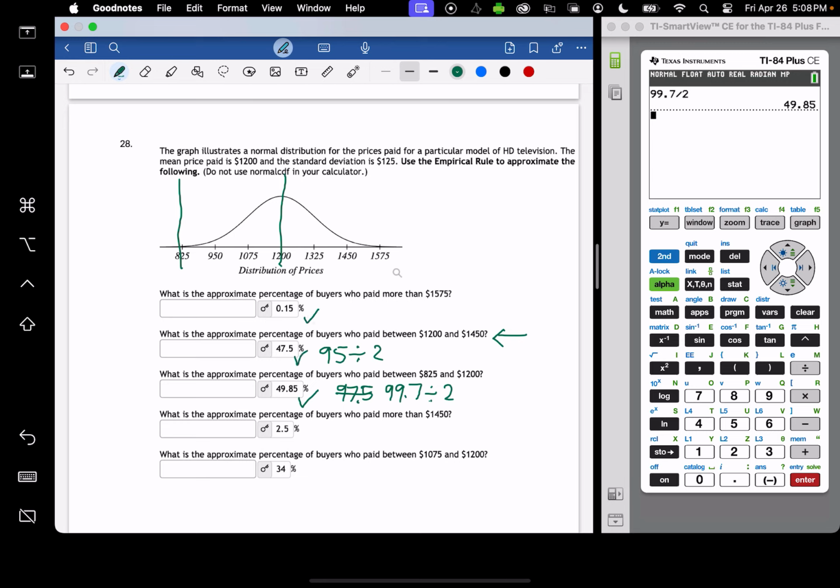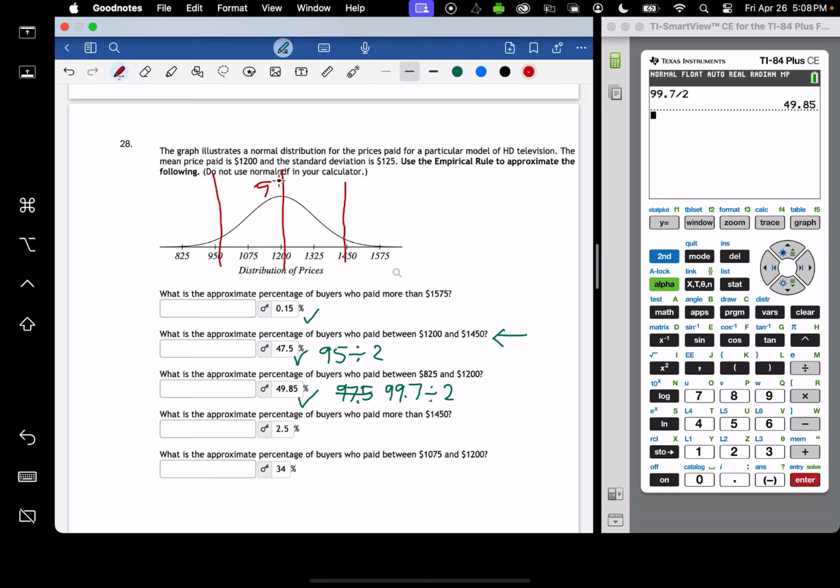All right, what is the approximate percentage of buyers who paid more than $1,450? All right, let's erase these and go back here. Okay, so more than $1,450, I'm going to draw the boundaries. Let's see, that's 2 standard deviations over, so that's 2 standard deviations over.